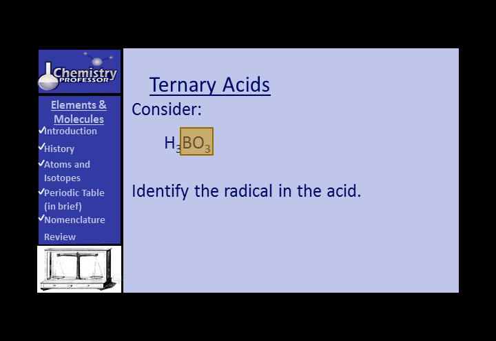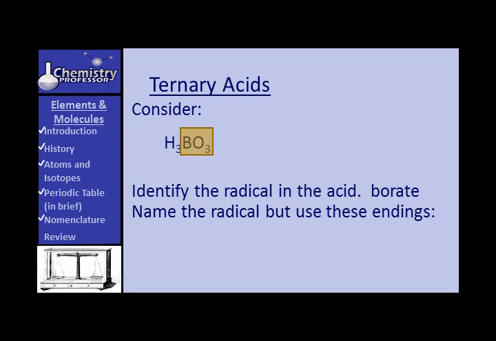The easiest thing to do is look at the number of hydrogens. There are 3 hydrogens in this, and each hydrogen is going to be a +1. Therefore, that radical has got to be a -3. So that is the borate radical.